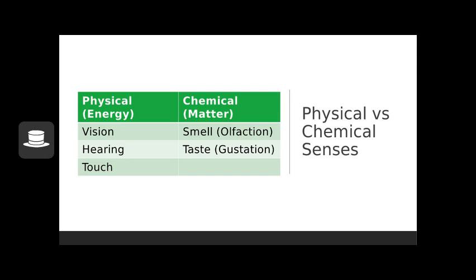It's not responding to energy, it's responding to actual physical things. So make sure that you know the difference between physical senses, vision, hearing, and touch, and chemical senses, smell and taste. Also, just in case you want to learn a fancy word or two to impress your friends, smell can also be referred to as olfaction, and taste can be referred to as gustation.